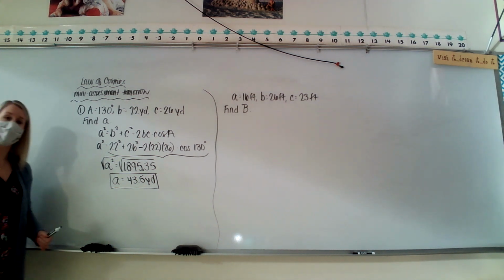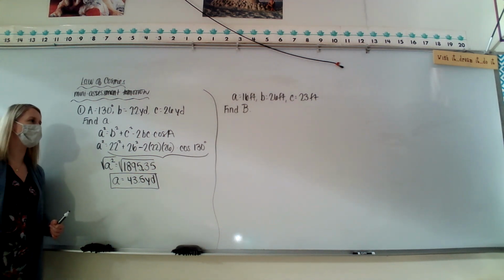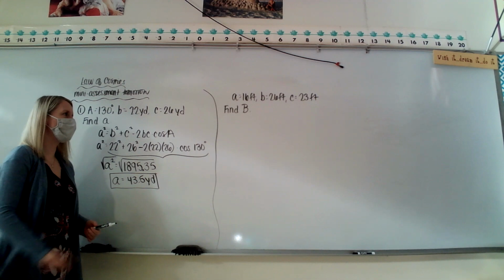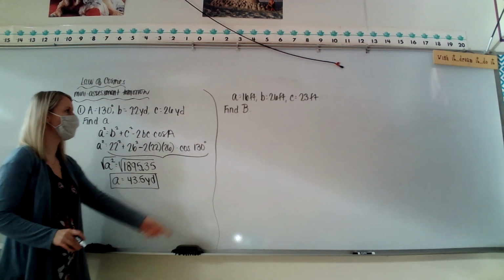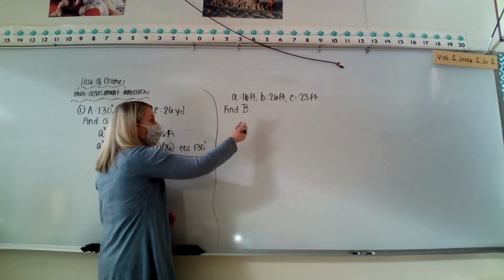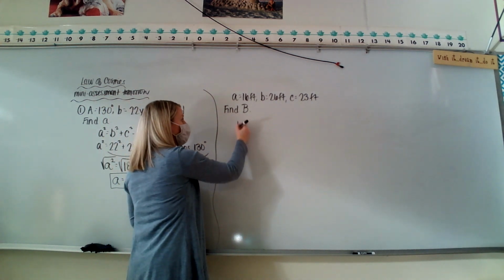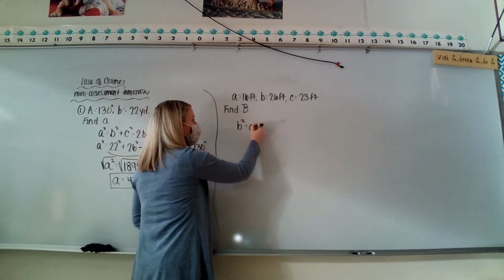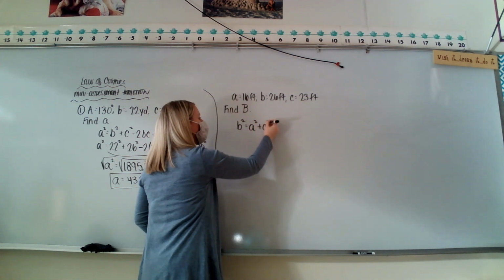So once again, I go back to my formulas and I could really plug into any of them, but since I'm finding angle B, I want to focus on the one that has angle B. For now, I'm going to give it to you. Tomorrow, I'll give you a list, so just make sure you can choose from there.